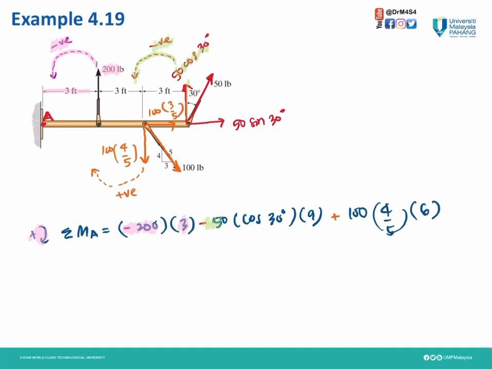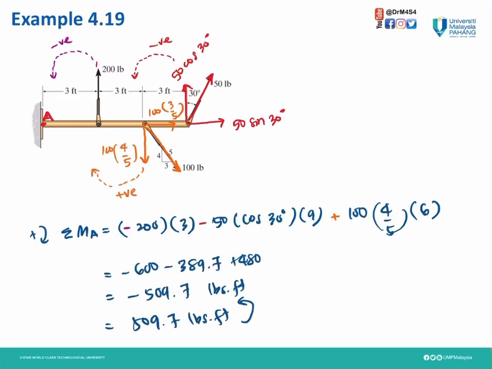So negative cos 30 degrees times the perpendicular distance, so 3 plus 3 plus 3, so 9. Next we check for this force, 100 times 4 divided by 5 to point A is clockwise, so positive. So positive 100 times 4 divided by 5 times the perpendicular distance, which is 3 feet plus 3 feet, so times by 6. So calculate that.